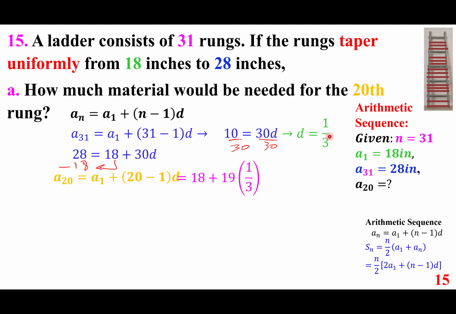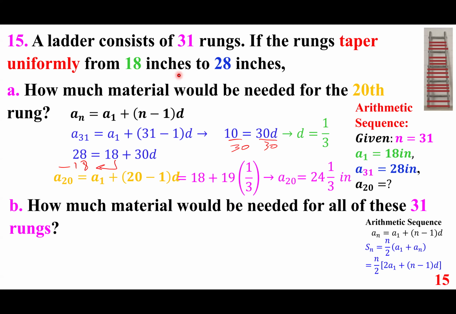So we get 18 plus 19 times 1/3. This is 6 and 1/3. 6 and 18 is 24. 24 and 1/3, and the units are the same units as those, 24 and 1/3 inches.